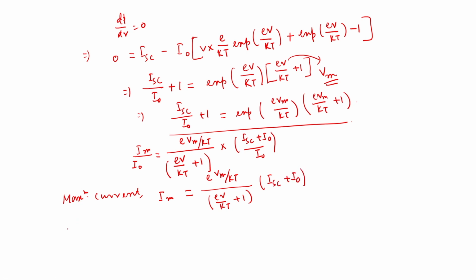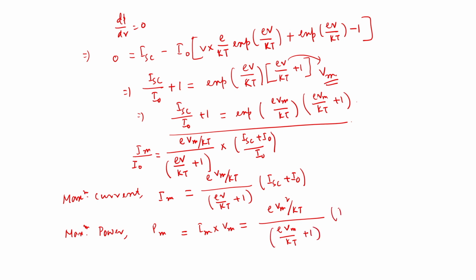Okay. And we can calculate the maximum power as well. Maximum power Pm will be Im multiplied by Vm, which is equal to E Vm square by KT divided by EVm by KT plus 1, then we will have ISC plus I naught.